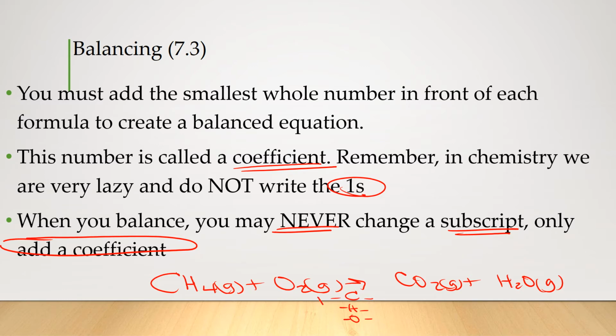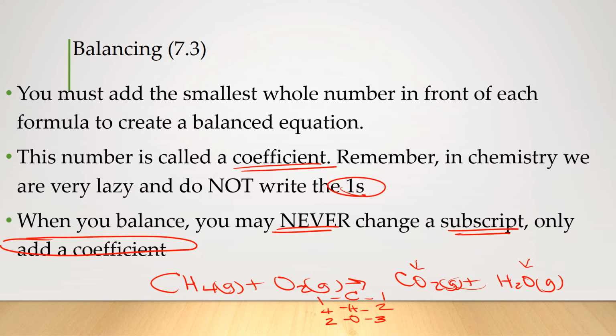I have 1 carbon, 4 hydrogens, and 2 oxygens. On the right, I have 1 carbon, 2 oxygens here, plus 1 there, so I have 3 oxygens and 2 hydrogens.